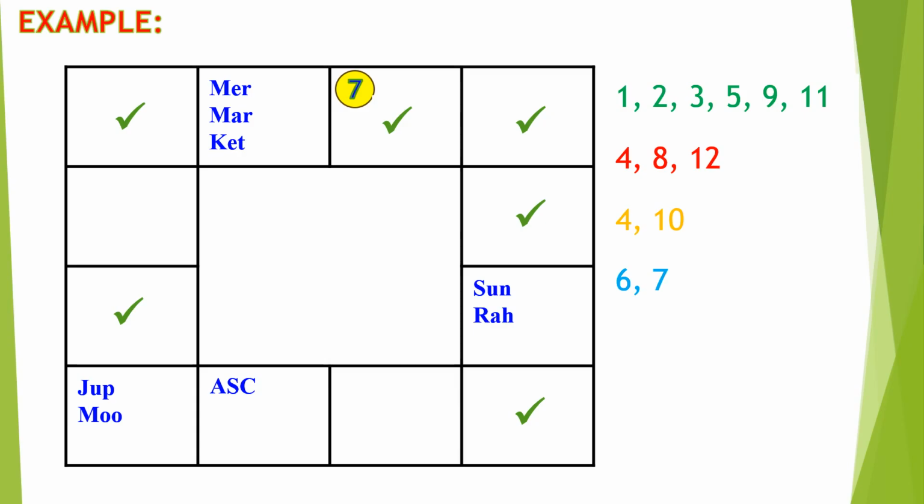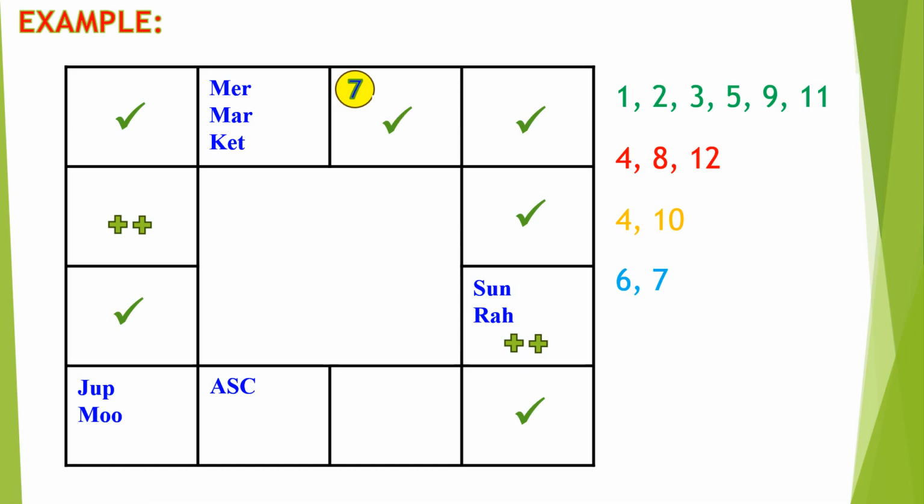So the next is the fourth and the tenth bhava. The fourth bhava is the fourth to the seventh bhava. That is, the seventh bhava is the fourth to the fourth bhava.